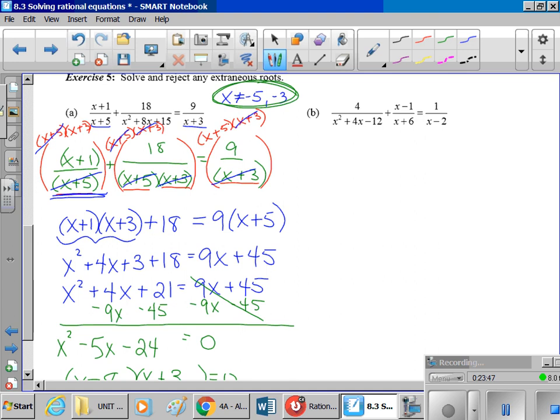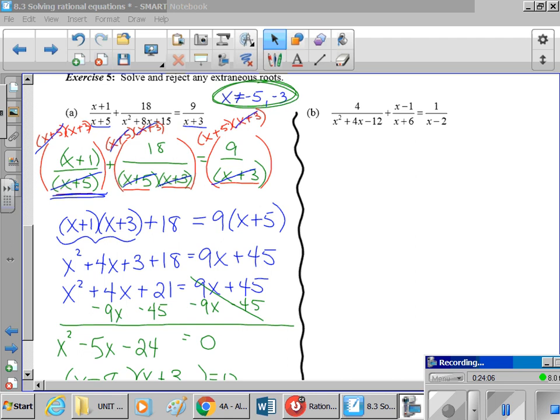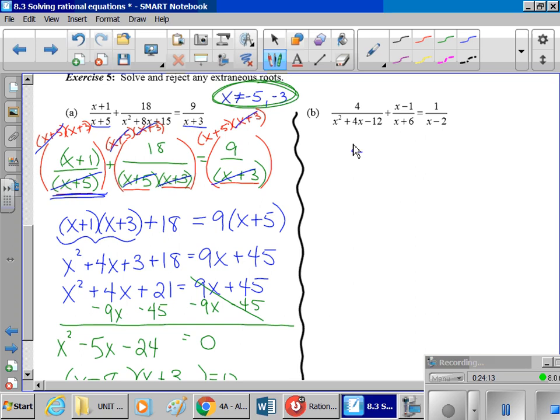So the first thing I want you to do is factor first and then recognize which values of x will make this equation undefined. Oh no, I have to reduce first.